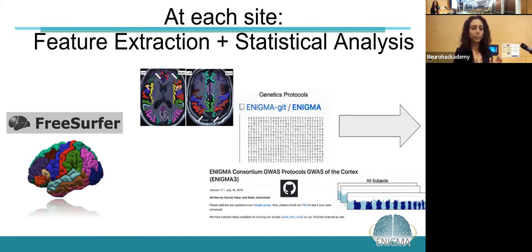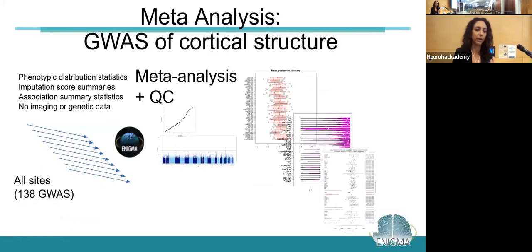For the analysis methods, we have some scripts, usually in R, that people will run. Everything is on GitHub. For the feature extraction, as I mentioned, we have tools for people to work with if they haven't already processed their data in the right way. And then the summary statistics come back. They're all at a central location.